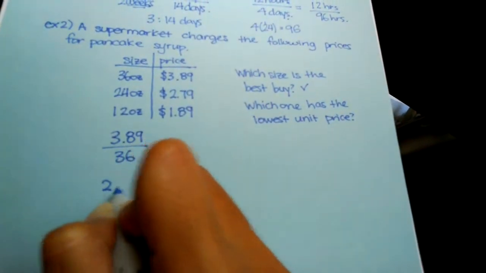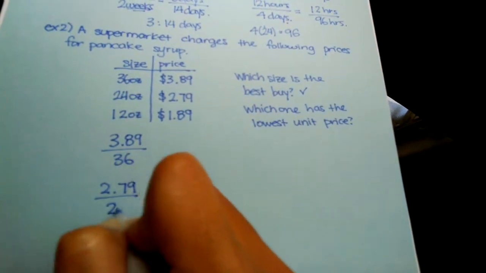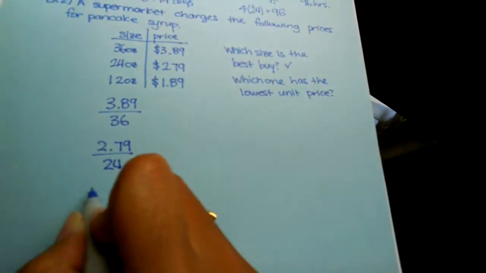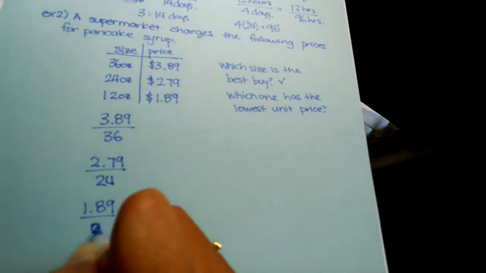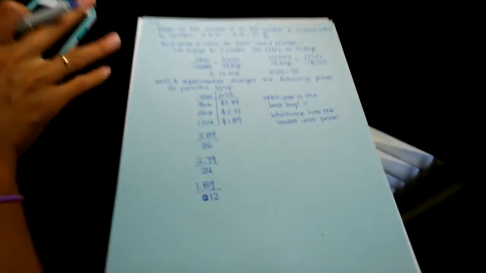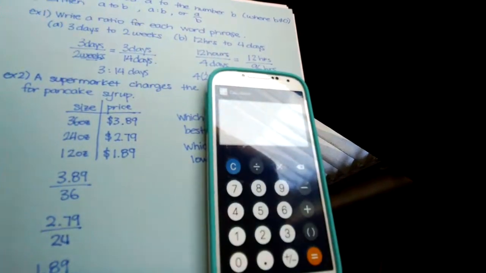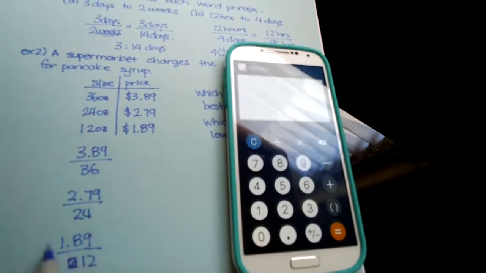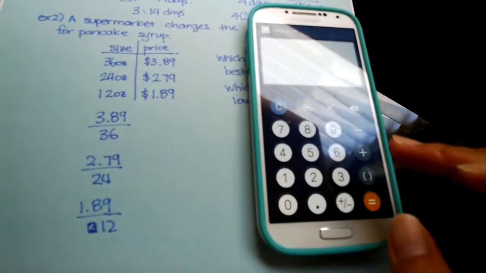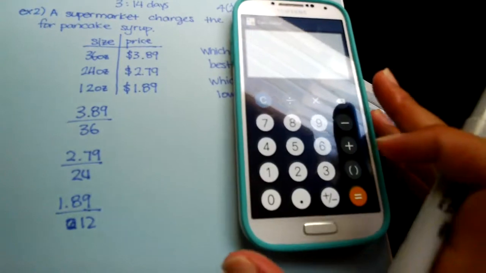Similarly, 2.79 divided by 24, and then 1.89 divided by 12. We could use the common denominator method, because with 12, 24, and 36 you can find the common denominator, but instead, I'm just going to do the division.